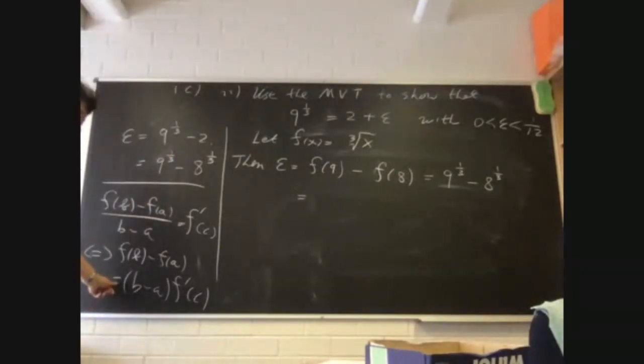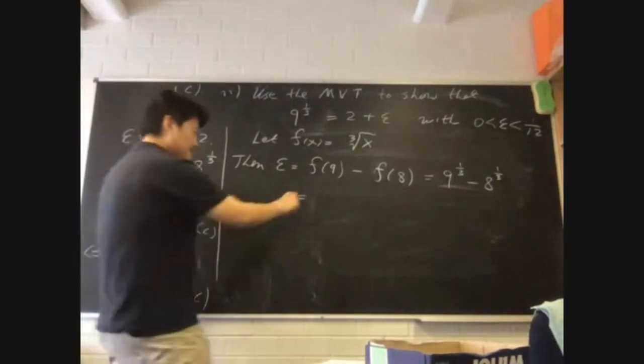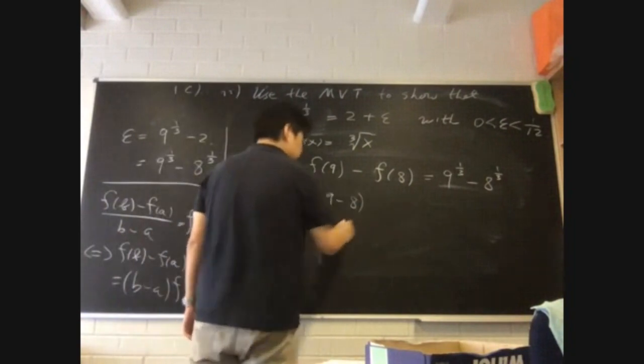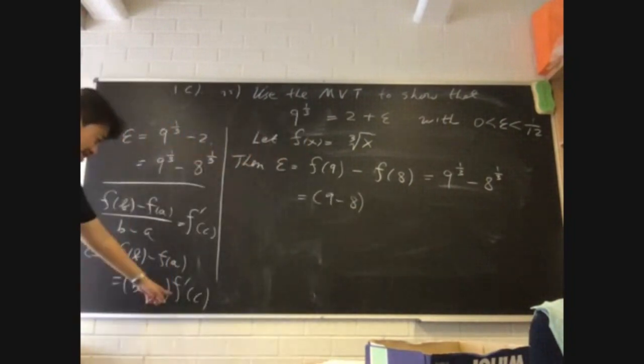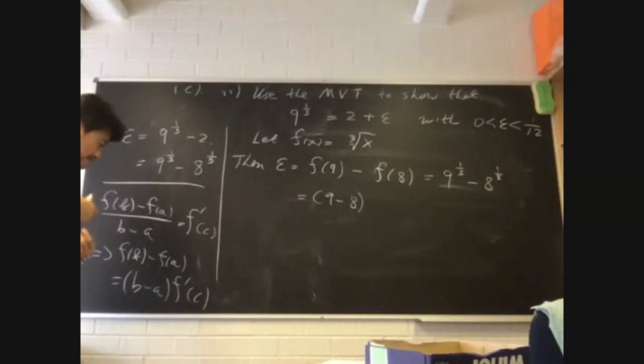By the mean value theorem, or rather a different way of stating it, that difference between the function values should be the same as the difference between the arguments, so 9 minus 8, multiplied by the derivative of the function at some point that's between 8 and 9.